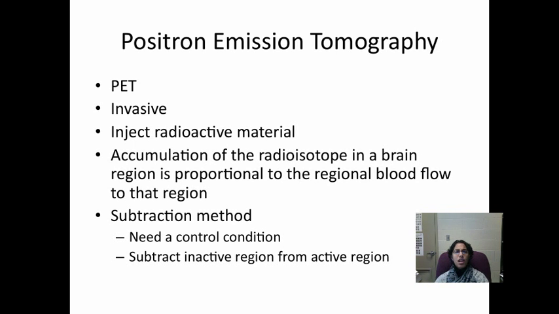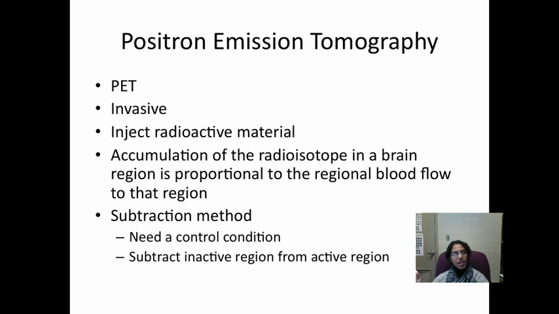Next is called the PET, positron emission tomography. It's an invasive procedure. I'm not going to go into real details about the PET, the MRI, and the fMRI because these are not things that we typically do, but I do want you to know that these are used for research purposes. You inject a radioactive material, and they want to see how much of the radioactive material accumulates in the brain and what the blood flow is to that region.